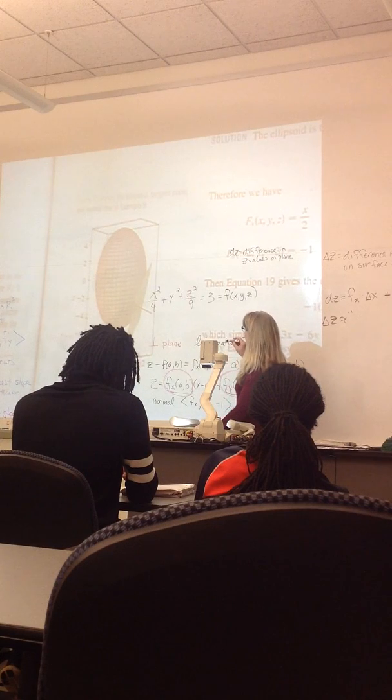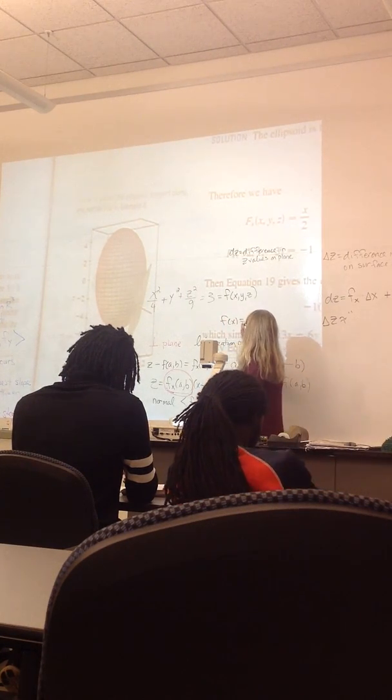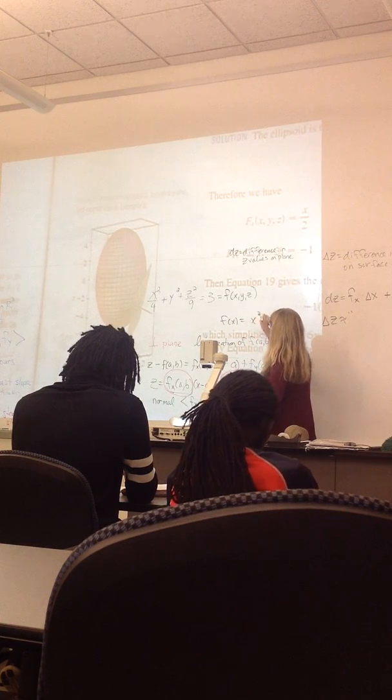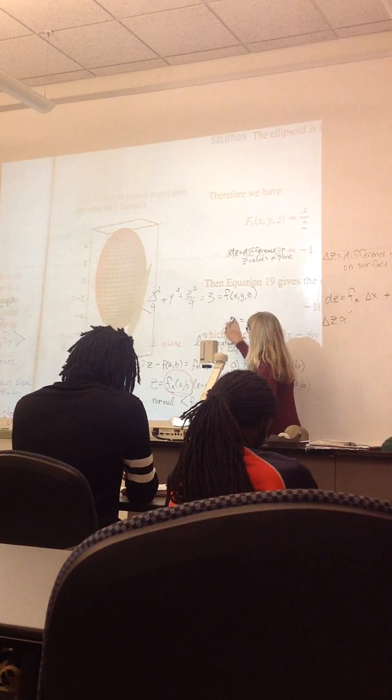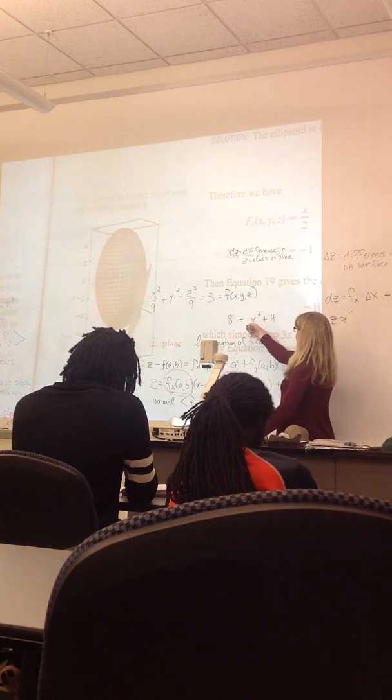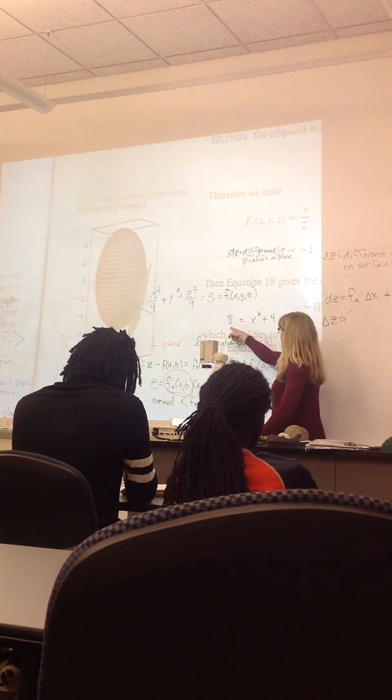Just like, go back to 2 dimensions, let's say my function was x squared plus 4, I could set that equal to 8, and then you could figure out what value of x would give you this function equal to 8.